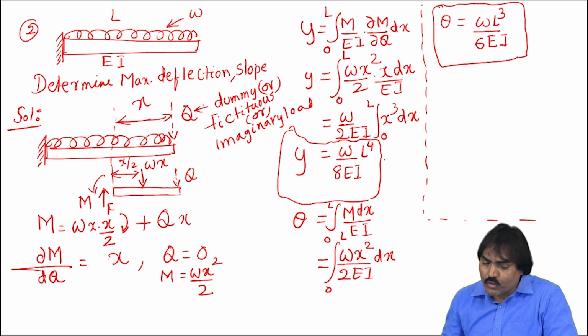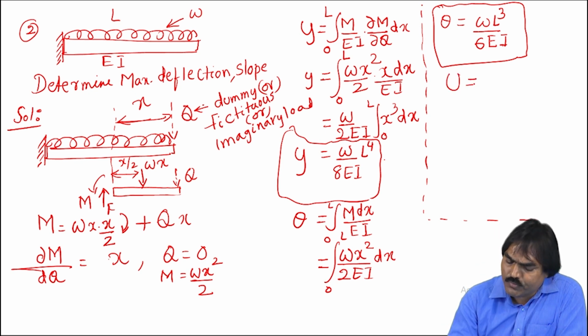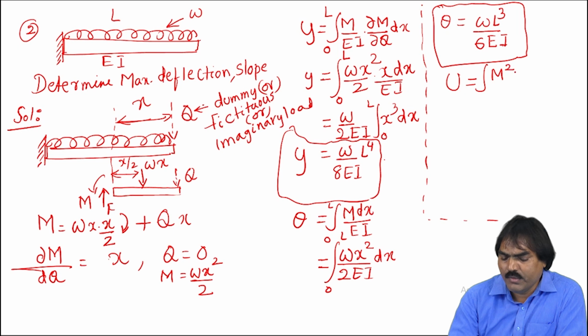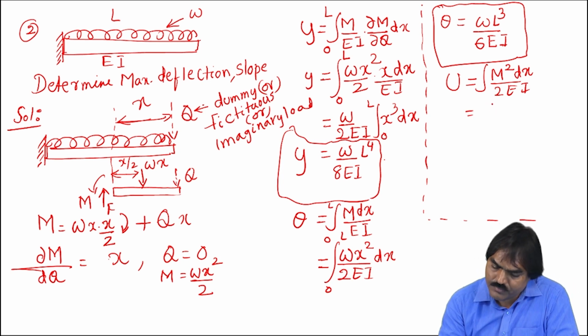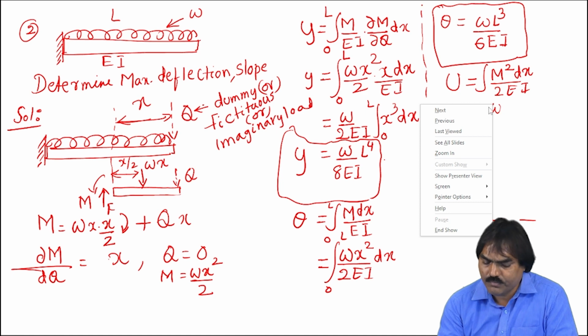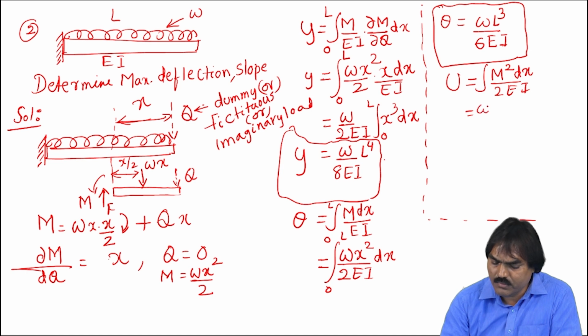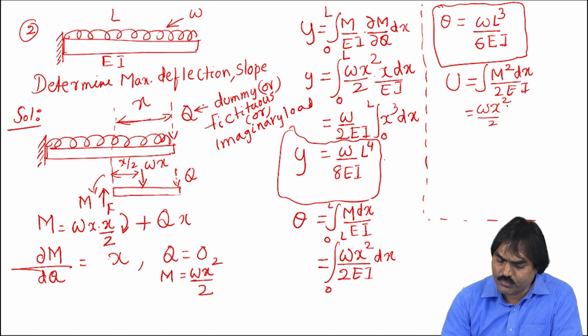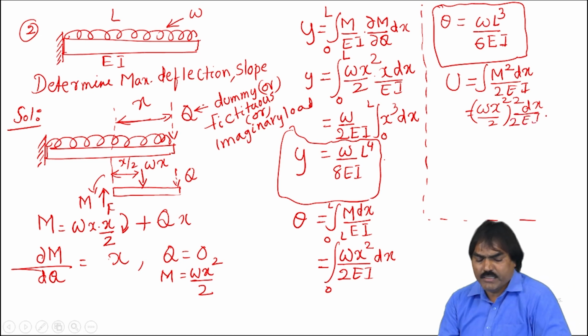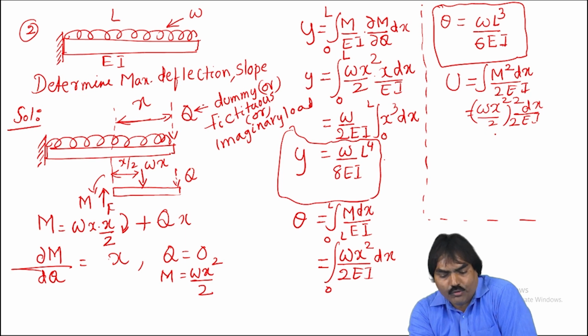Suppose you want to find the total energy. What is the total energy? U is the integration of M square dx by 2EI. Substitute that. M square means W x square by 2, whole square, dx by 2EI. 2 square here becomes 4. 4 into 2, 8.